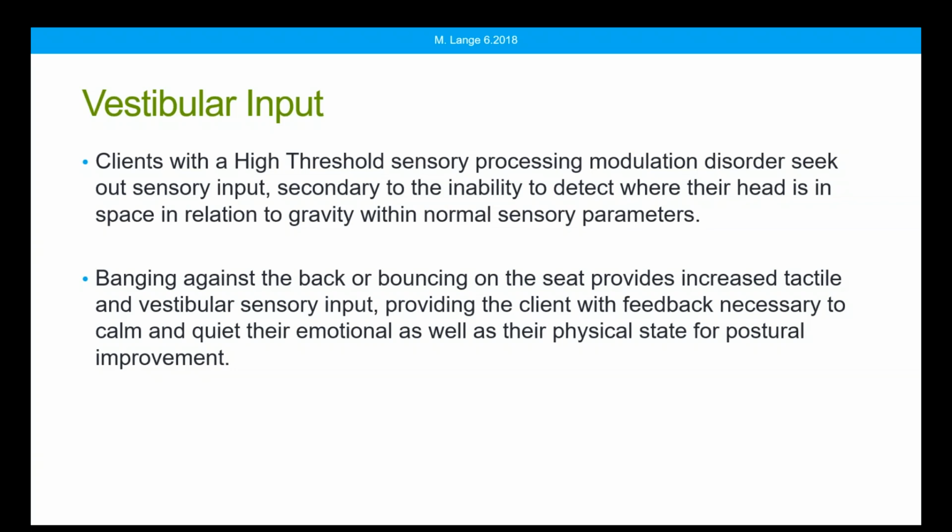That provides the client with feedback necessary to calm and quiet their emotional and physical state. And that can actually result in postural improvement. So again, I know this is kind of wordy. You'll have this in your handout, but this is some of the wording that might be required to have a discussion as a team about why this person truly needs movement as a part of their seating system.